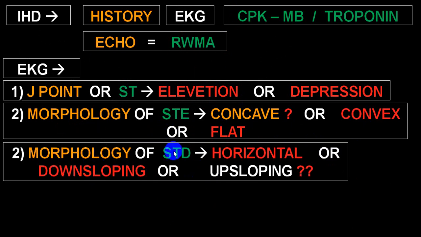Second thing, in an ST depression, look at whether it is horizontal or downsloping. Horizontal or downsloping, particularly horizontal, is more in favor of ischemic heart disease, and it can be in non-STEMI and unstable angina. Downsloping will suggest ischemic heart disease, but upsloping is very frequently with rate related ST changes.